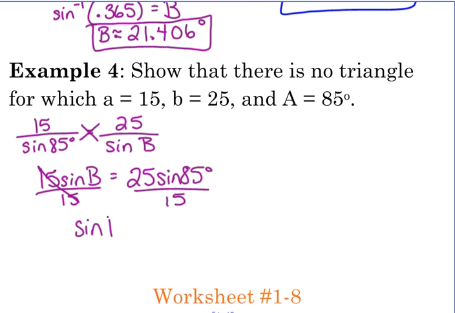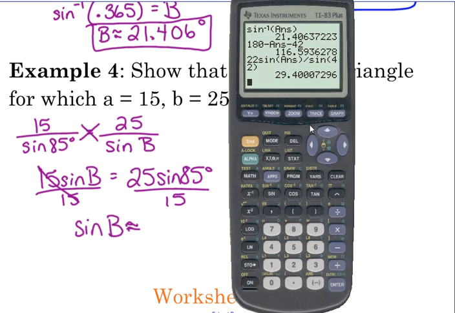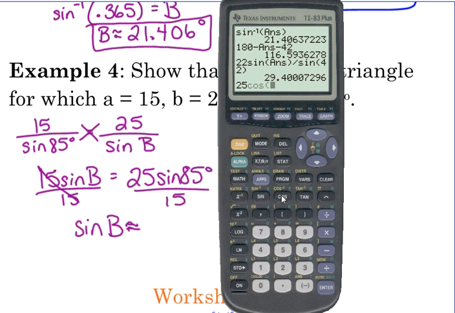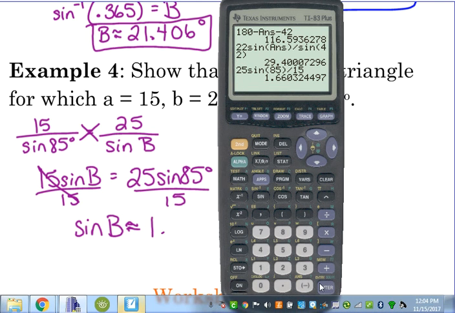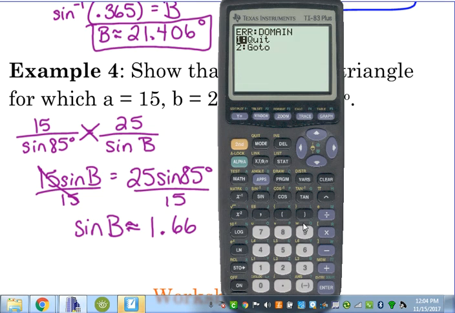So sine of B is approximately, let's find that number in our calculator, 25 sine, not cosine, sine 85 divided by 15 equals 1.66. Our next step was to do the inverse sine of that. Look what happens. We get an error. It says the error is with the domain.